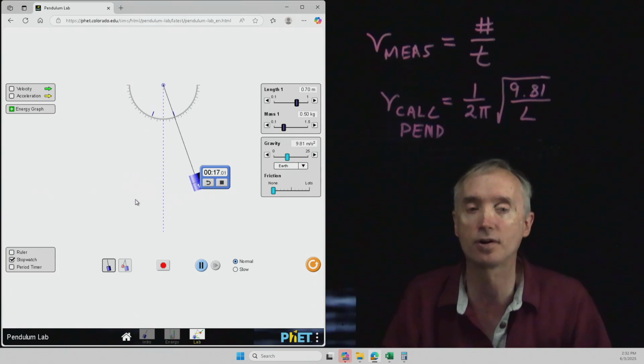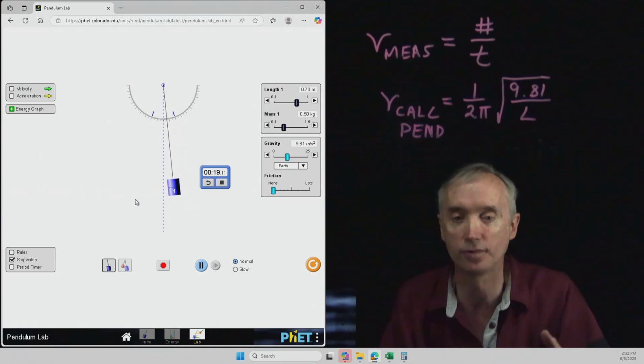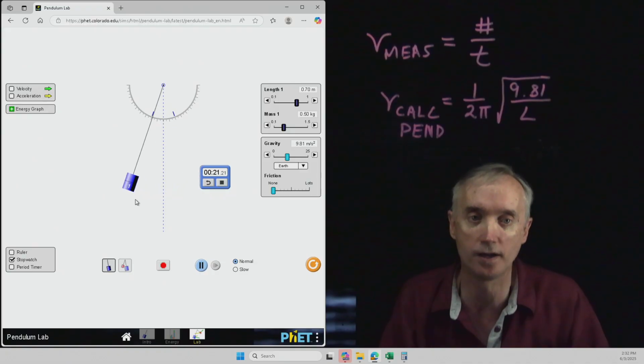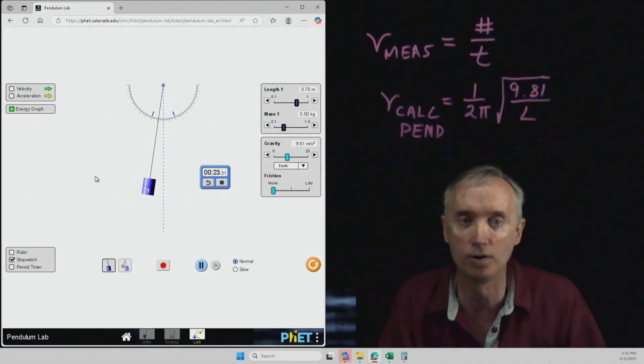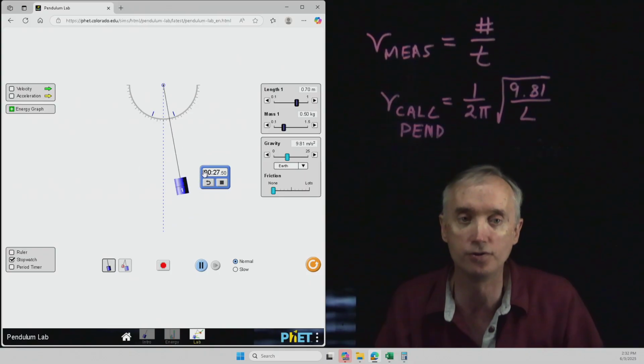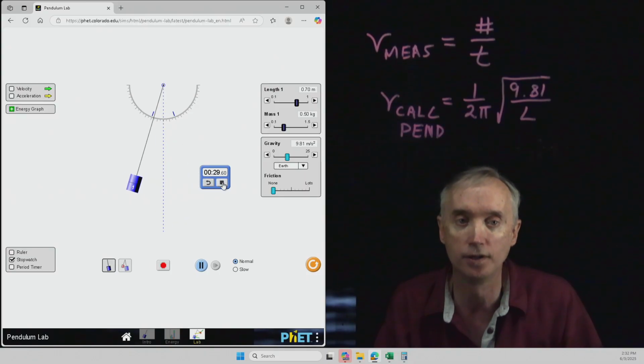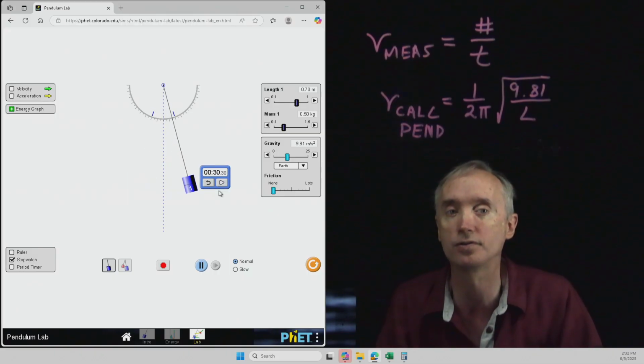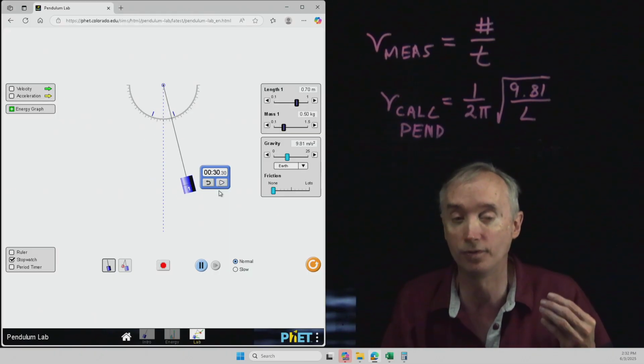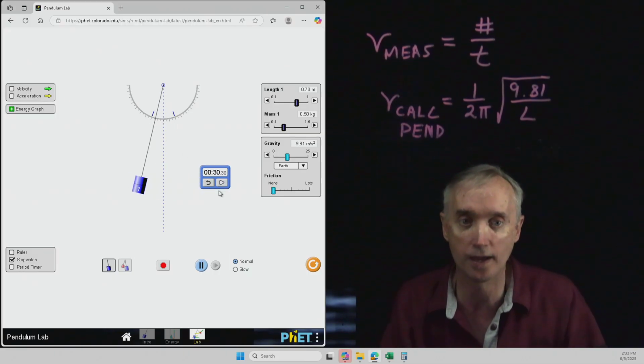And then you start counting: 1, 2, 3, and I would let it go 10 times. So it has to go all the way over here and then all the way back. That's 1. Let it do it 10 times, and then you can stop the stopwatch and record the amount of time it took. I would do it 3 times and then take the average of those 3 things.